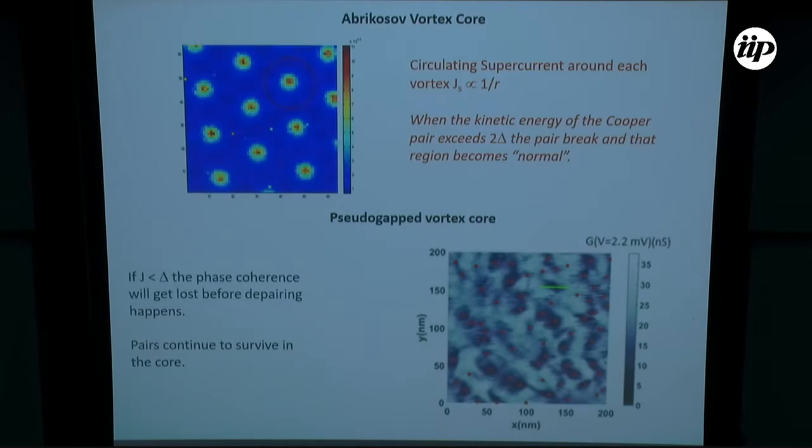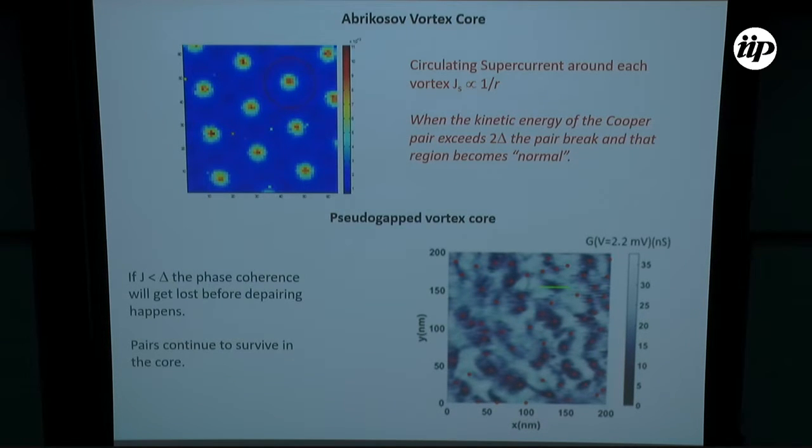Now, this is from simulation. The physical understanding that we have is the following: normally for an Abrikosov vortex, you have this circulating supercurrent around the vortex which goes as 1 by r. And at one point, this kinetic energy of the Cooper pair exceeds 2 delta, and therefore you have a core which becomes normal.